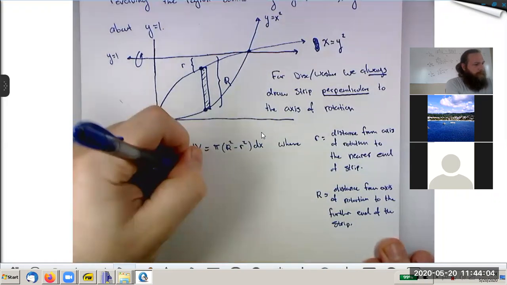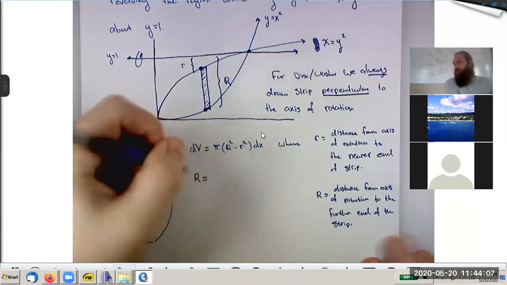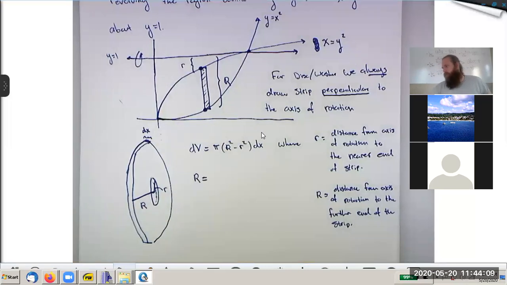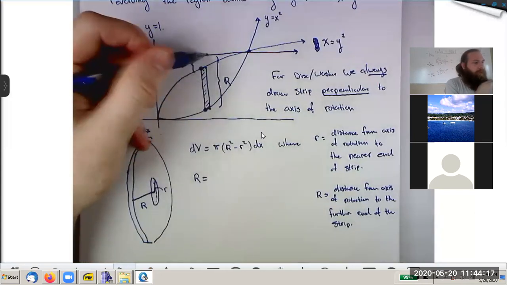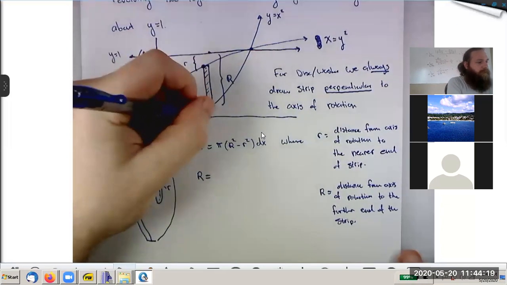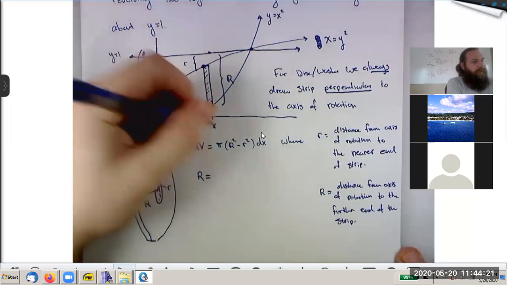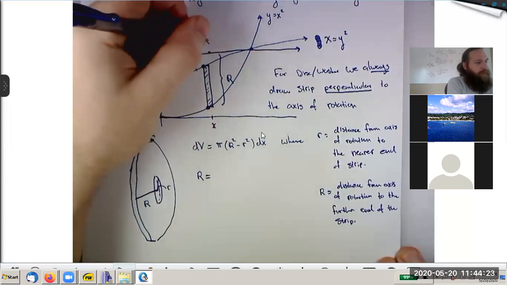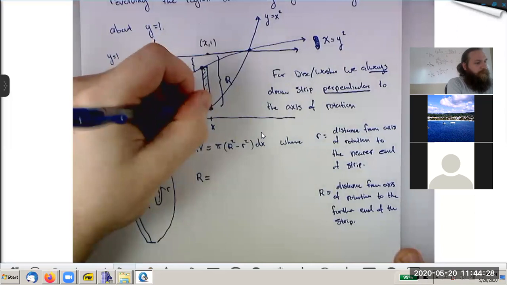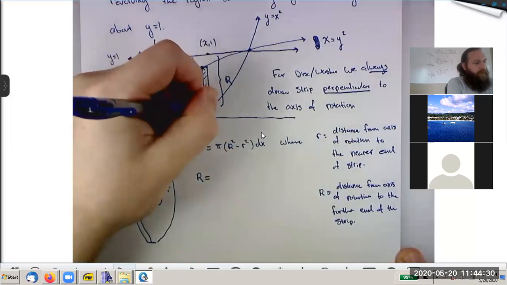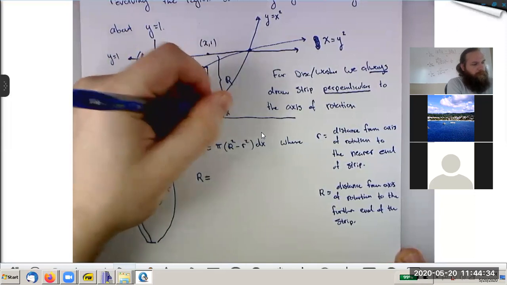Let's look at big R first. Okay. So what is this distance? What is the distance from the line y equals 1 up here? So if I consider this as taking place at x, then this point up here on the line y equals 1 would be x comma 1, to this point down here along the graph y equals x squared. Well, that would be the point x comma x squared, right?